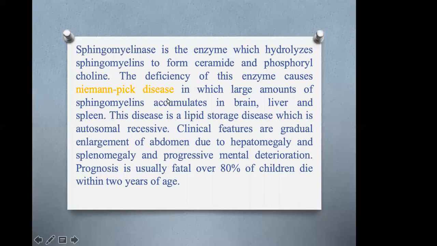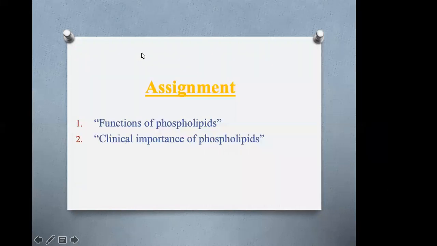It is basically a metabolic disorder of the newborn, in which a baby can come with enlargement of the abdomen due to hepatomegaly and splenomegaly and progressive mental deterioration. Prognosis is usually fatal. Over 80% of children die within 2 years of age. Just remember that Niemann-Pick disease is caused by deficiency of sphingomyelinase.